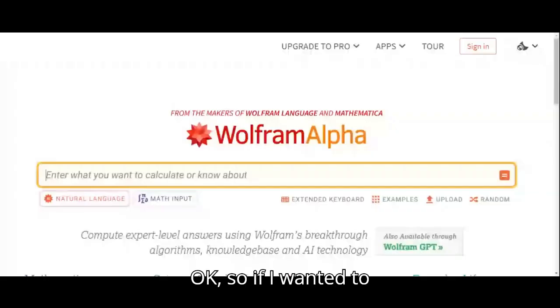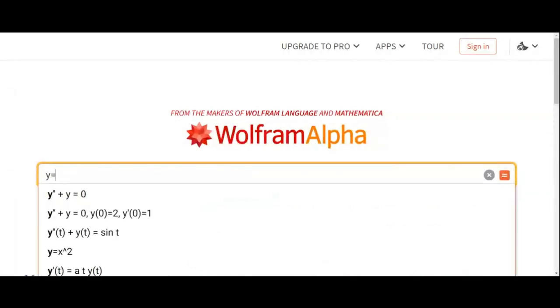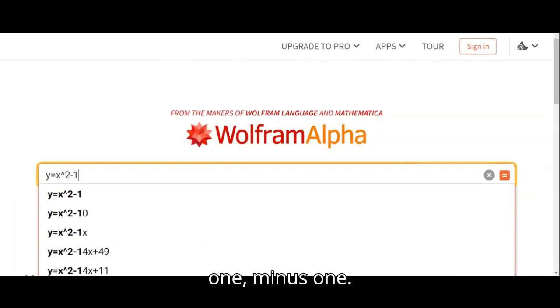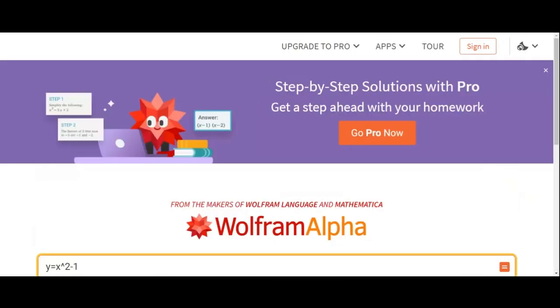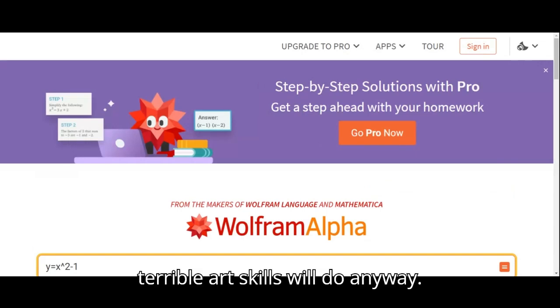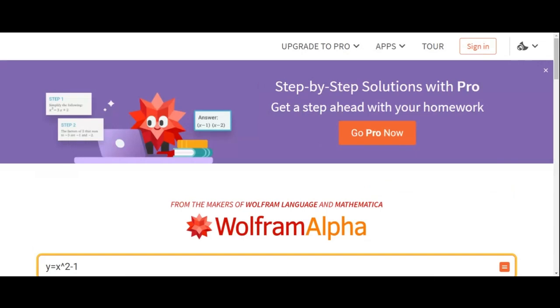Okay. So if I wanted to graph y equal x squared minus 1, this will do a little cleaner job than my terrible art skills will do anyway.